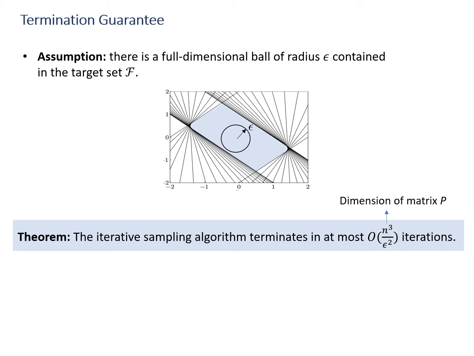Our main theorem states that the proposed iterative algorithm based on the analytic center cutting plane method terminates in a number of iterations proportional to n cubed over epsilon squared, where epsilon is from our assumption and n is the dimension of matrix P, or equivalently, the dimension of the basis vector of the Lyapunov function candidate.